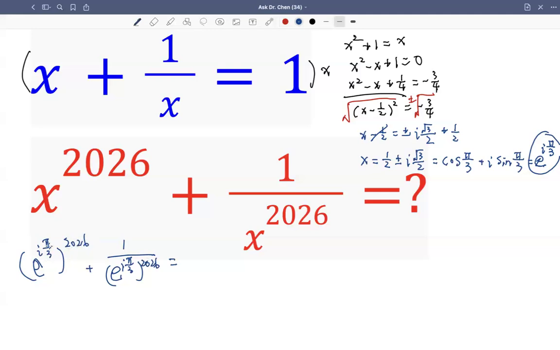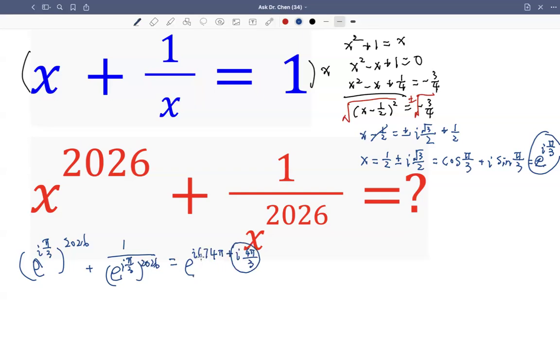So 2026 times pi over 3, that's e raised by i, 2026 divided by 3, we can get 674 pi plus i 4 pi over 3. Okay, so I intentionally leave this i 4 pi over 3.